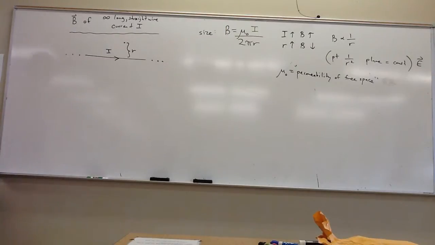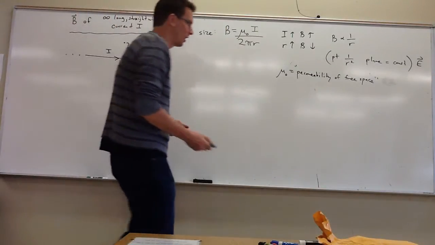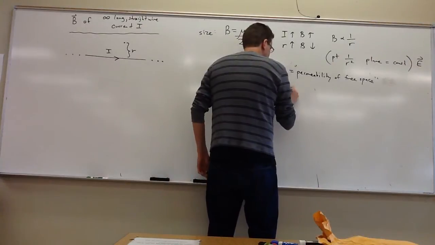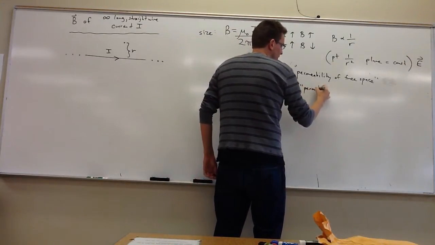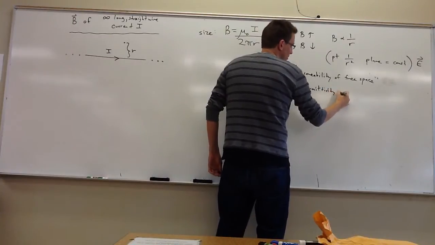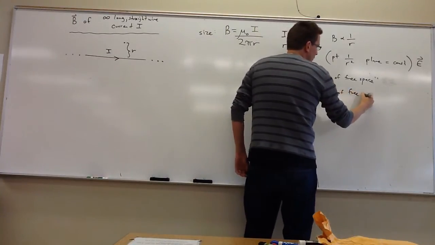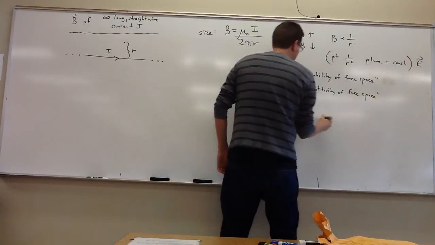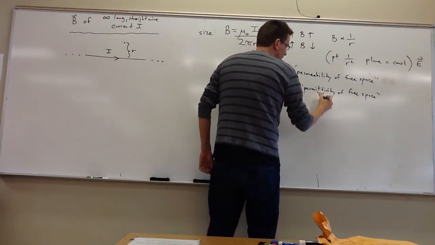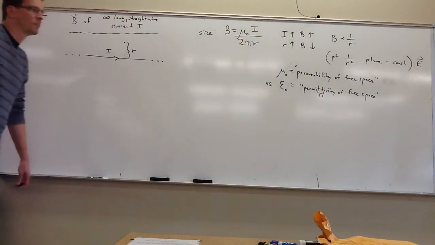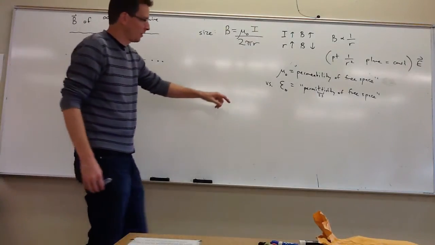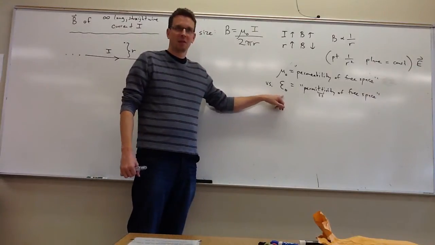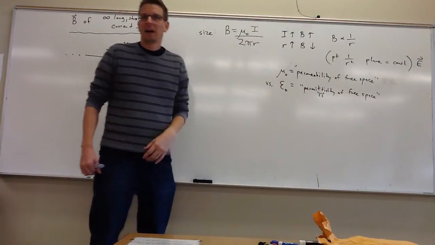Now that sounds very similar to epsilon naught, which is called the permittivity of free space, or permissivity. Now again, I pointed out at the time that when I was introducing this constant that it's a very tantalizing name, and this apparently does as well.